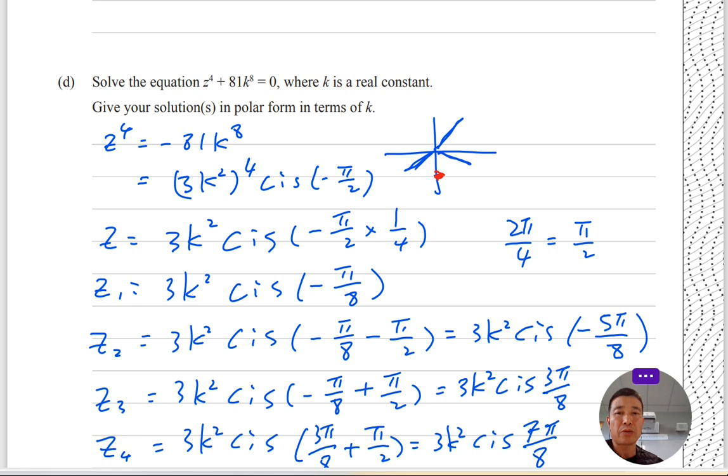In other words, that's 3k squared to the power of 4. I'm just changing to polar form, and because of the angle here, that's minus pi over 2. So I can rewrite it like this: 3k squared bracket to the power of 4, cis negative pi over 2. Hold on.